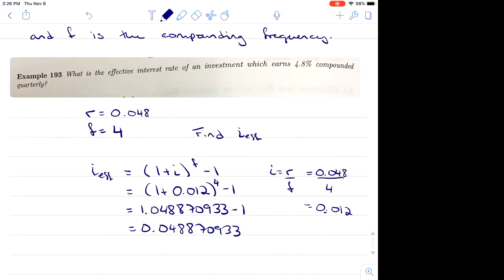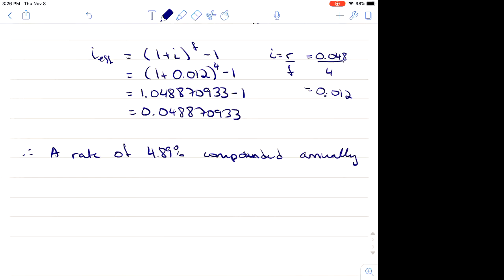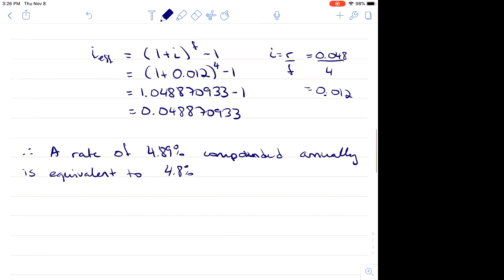So therefore, a rate of 4.89% compounded annually is equivalent to 4.8% compounded quarterly.